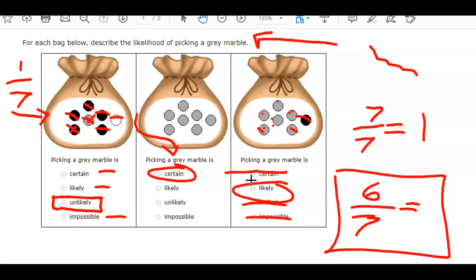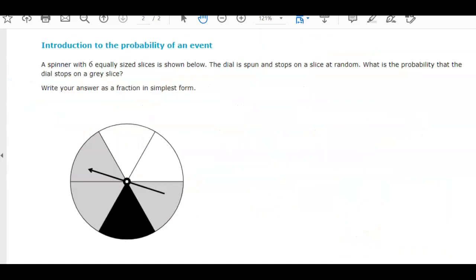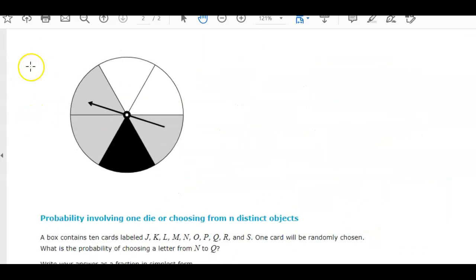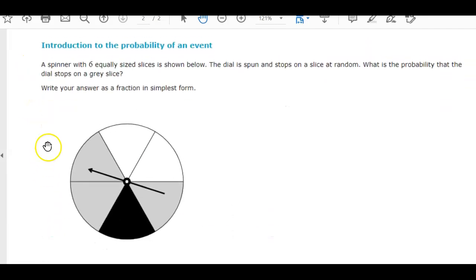Okay, moving on down to the next one. So a spinner with 6 equally sliced slices is shown below. The dial is spun and stops on a slice at random. What's the probability that the dial stops on a gray slice? So the probability is just going to be the number of favorable outcomes.